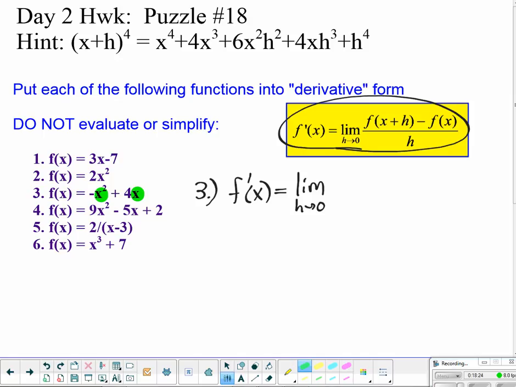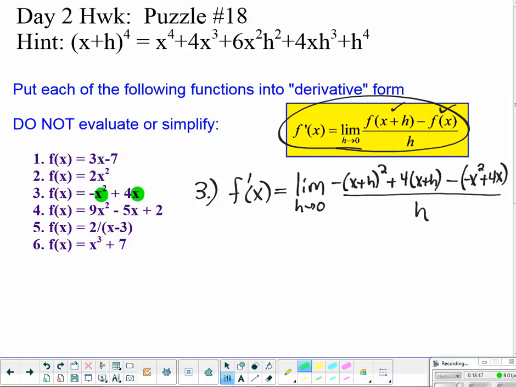And here we go. We will have negative x plus h quantity squared plus 4 times x plus h, minus, that took care of the x plus h. Now let's do the f of x, which is our function, negative x squared plus 4x, divided by h.